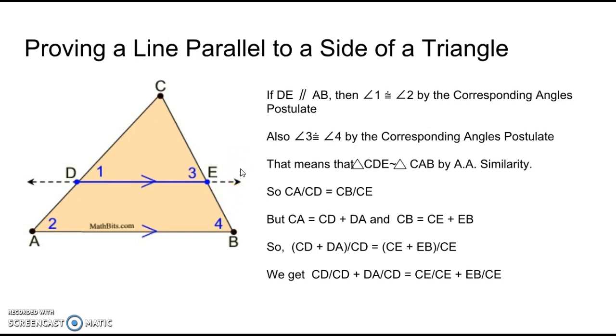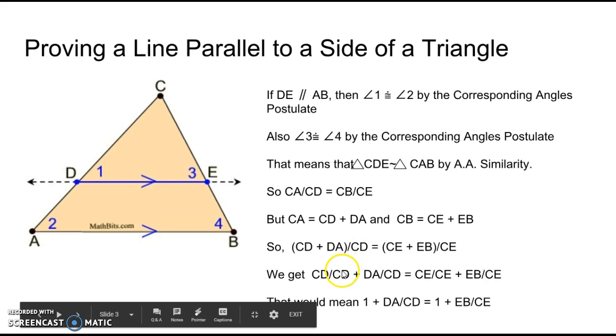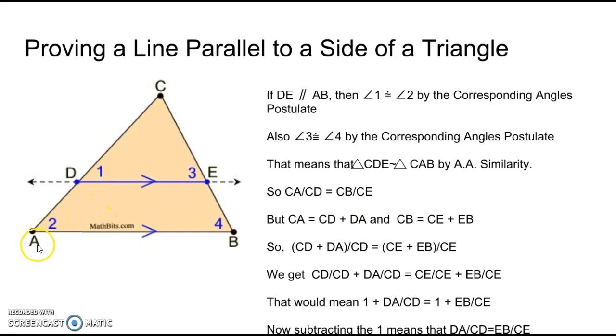Separating those out, CD to CD plus DA to CD. CD to CD would be 1. Same with CE to CE. If we subtract the 1, we get what we want, the fact that DA to CD is the same as EB to CE.